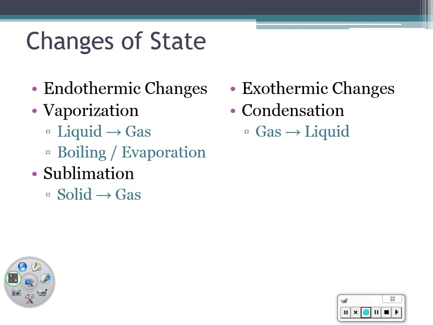In the morning, when your grass is dewy, right? What has happened to the water vapor in the air? It is condensed. It has turned into a liquid. Because of that, what's actually true about the air temperature in your front yard?